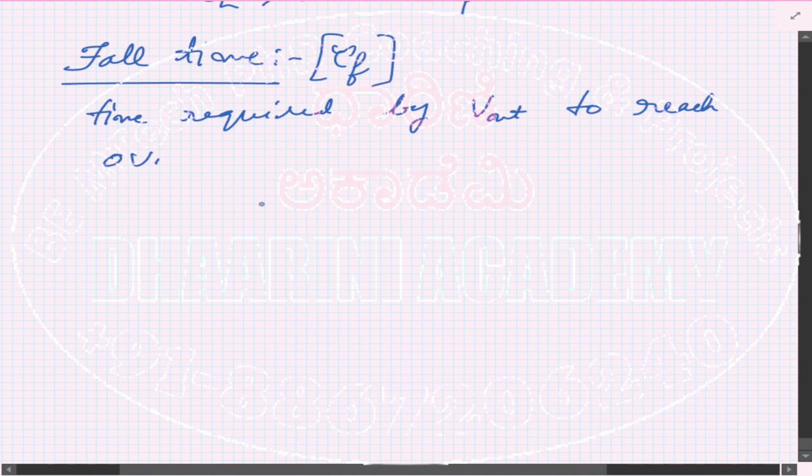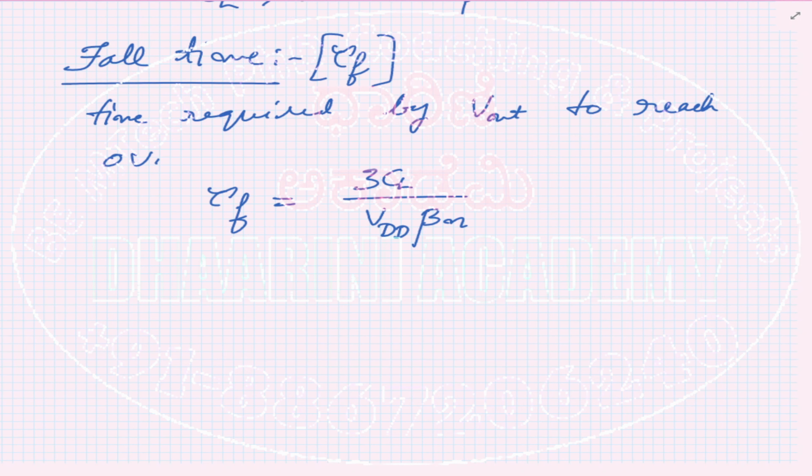How do you calculate it? tau f is equal to 3 times CL divided by VDD times beta n. Beta n is the beta value of an n MOSFET. CL is, once again, the load capacitance. The only thing that changes here is beta n and beta p.